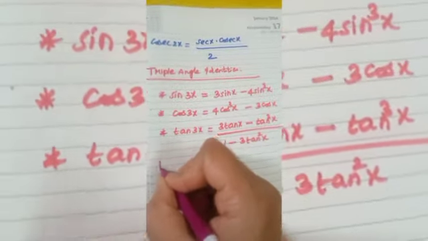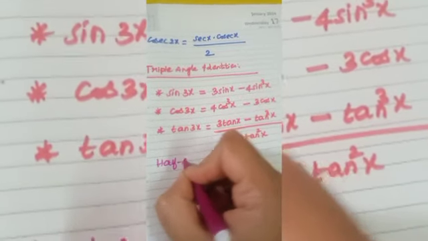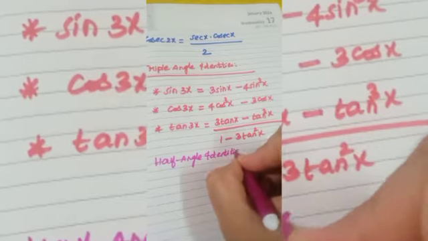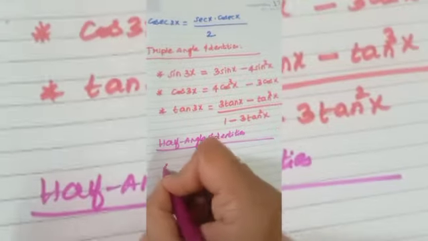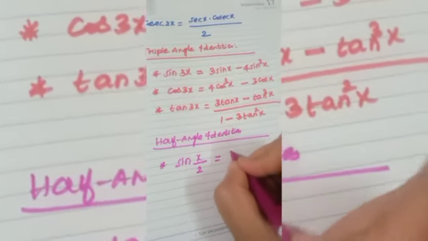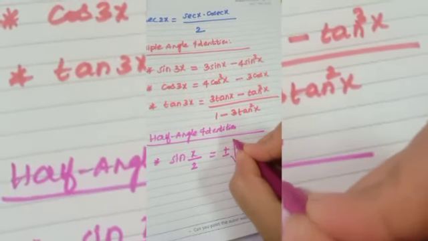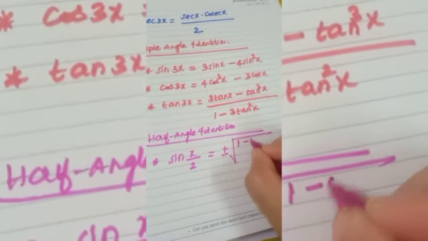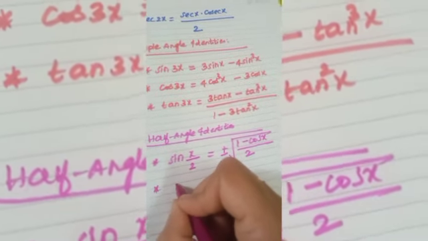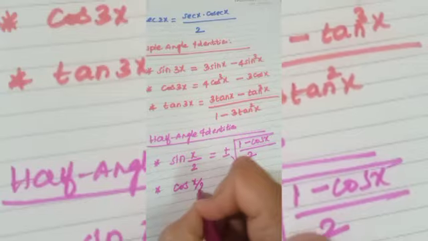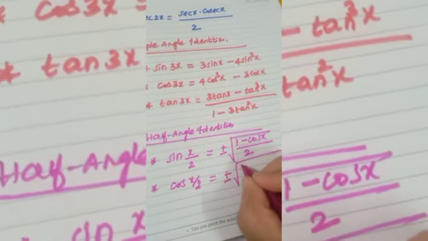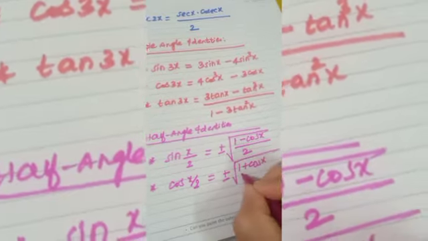Next, we are focusing on half angle identities. The first formula, sine x by 2 is equal to plus or minus root of 1 minus cos x by 2. And next, cos x by 2 is equal to plus or minus, you have to change the symbol, root of 1 plus cos x by 2.